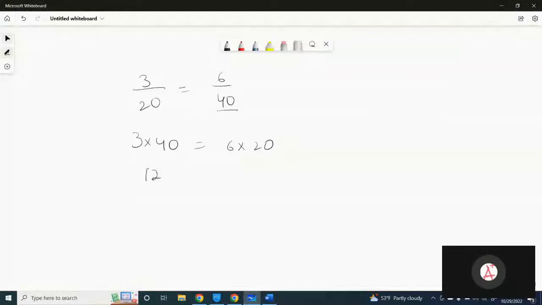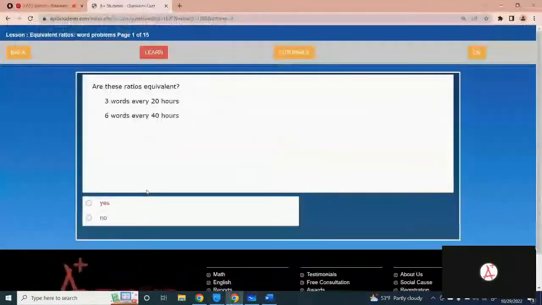So 3 times 40 is 120, and 6 times 20 is 120. That means both sides are equal, so the ratios are equivalent. The answer is yes.